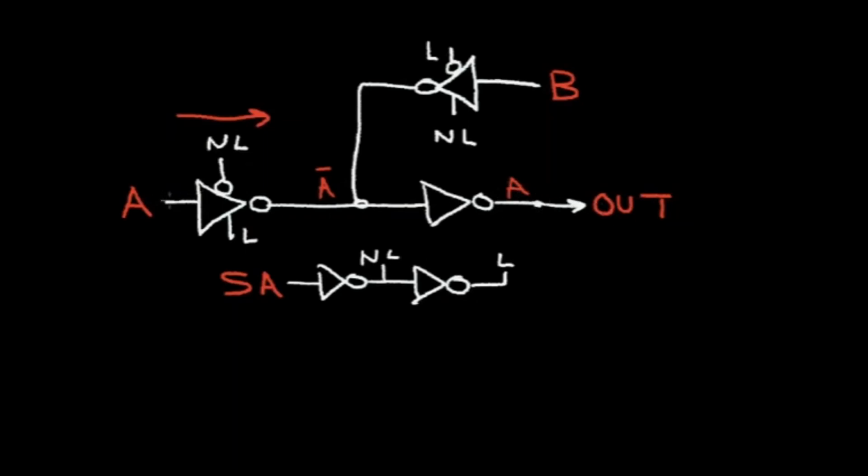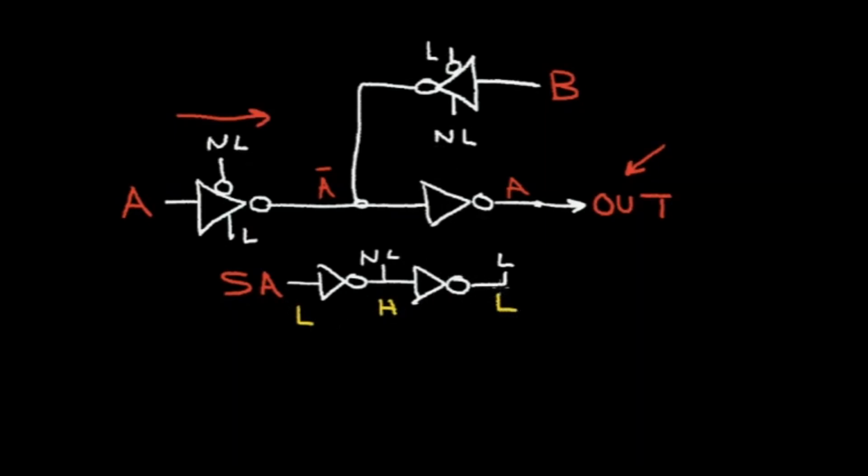So the A signal will be transferred to the out node if the SA signal is high, or the select A is high. But if the select A signal is in a low voltage condition, this is low voltage, high voltage, low voltage.